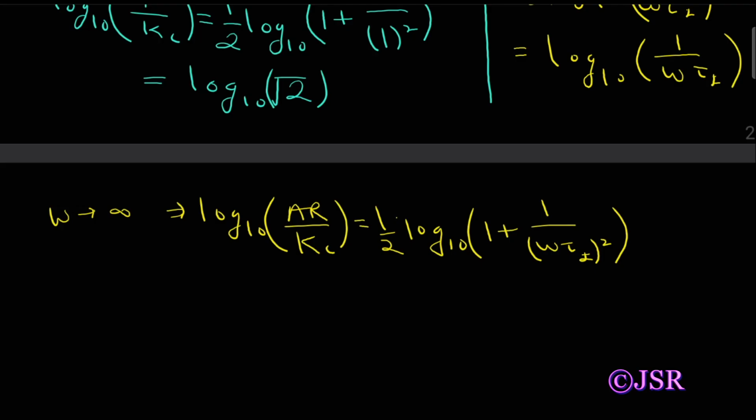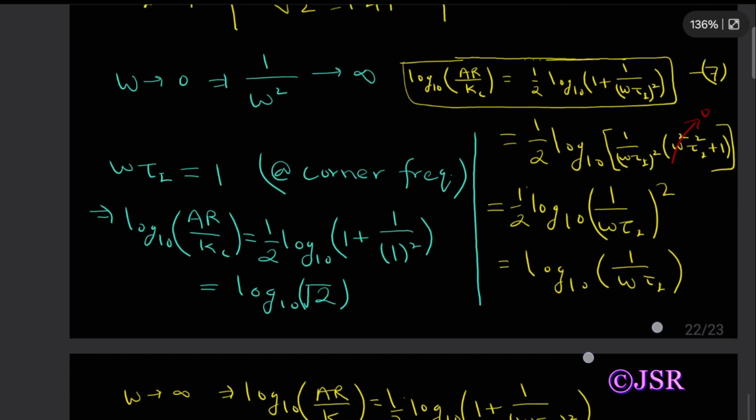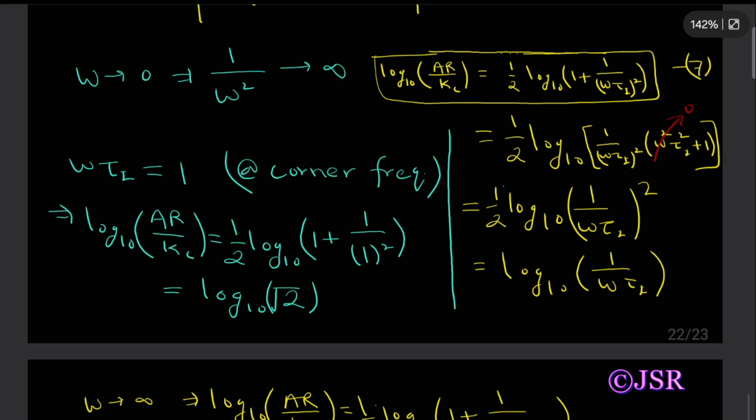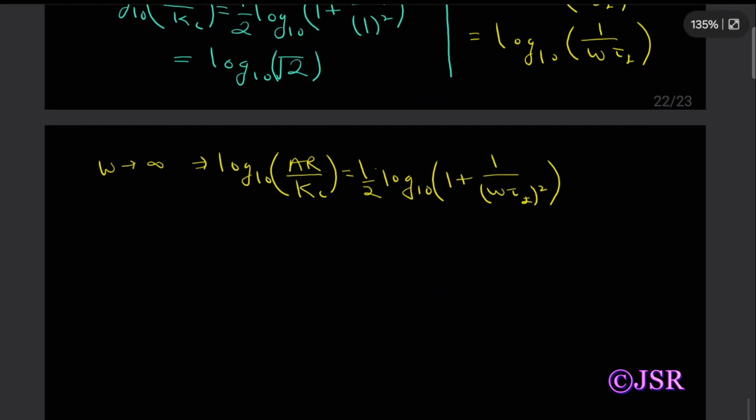So when omega tau I square is infinity, in this case 1 upon omega square tends to 0.